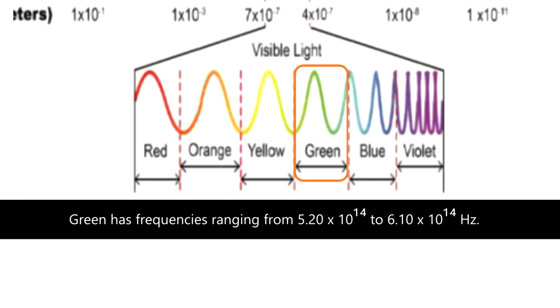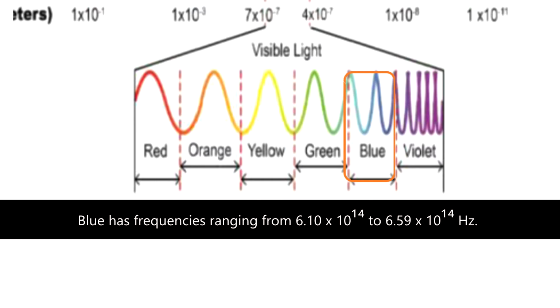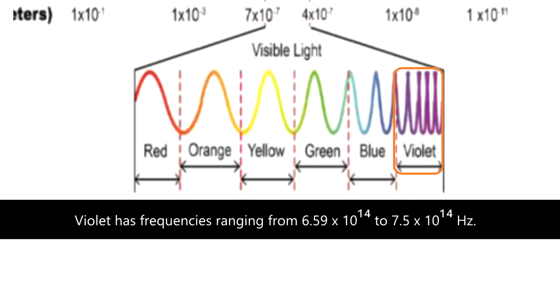Green is 5.20 times 10 to the 14 Hz to 6.10 times 10 to the 14 Hz. Then for blue, 6.10 times 10 to the 14 to 6.59 times 10 to the 14 Hz. And violet, 6.59 times 10 to the 14 to 7.5 times 10 to the 14 Hz.